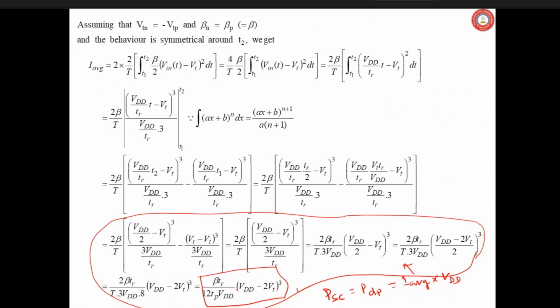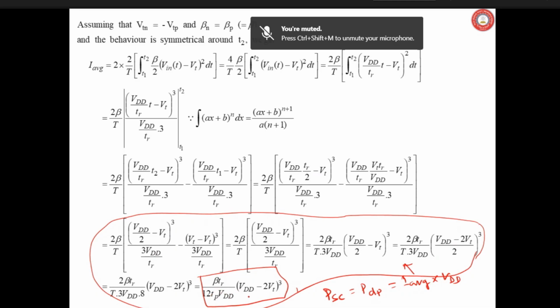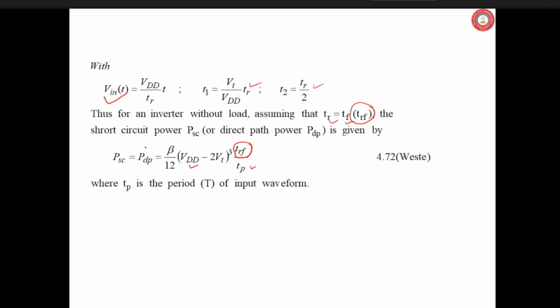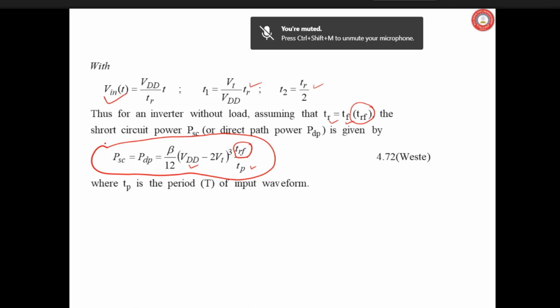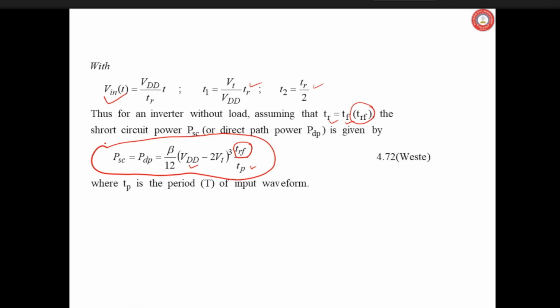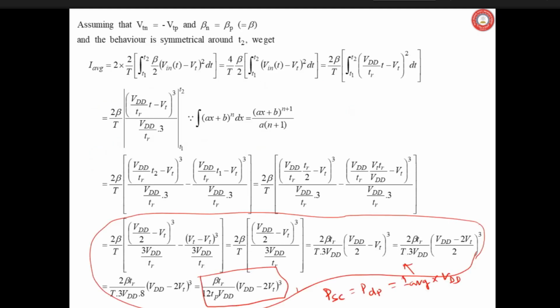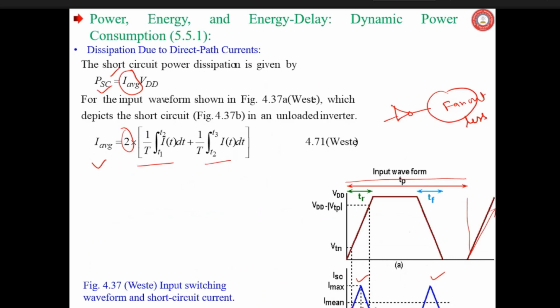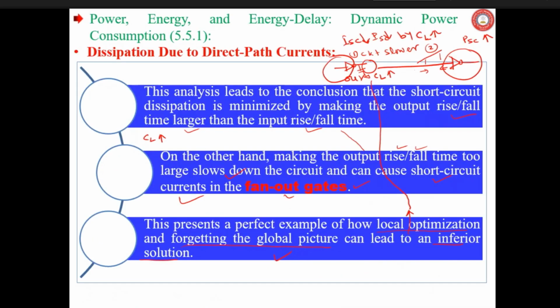This expression I just wrote earlier, but its derivation is there. If you want, I can go back.